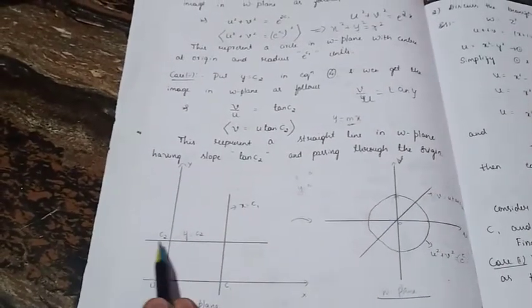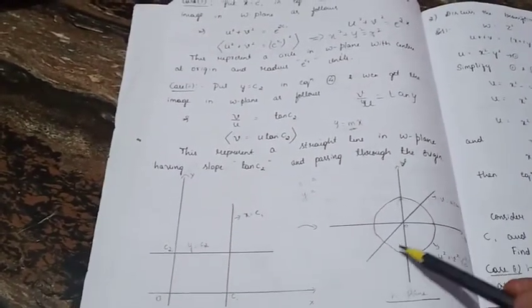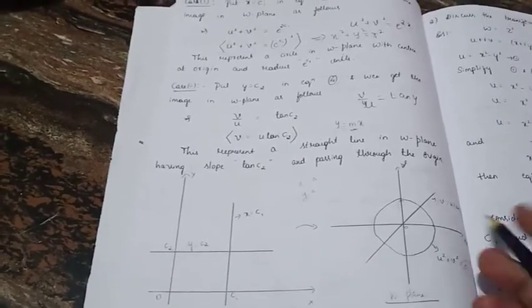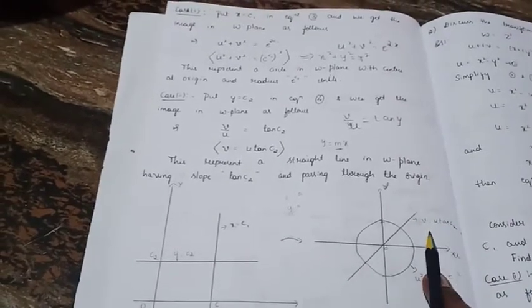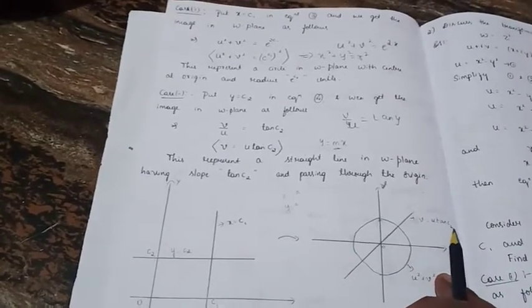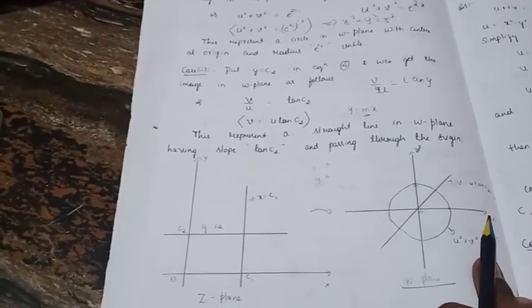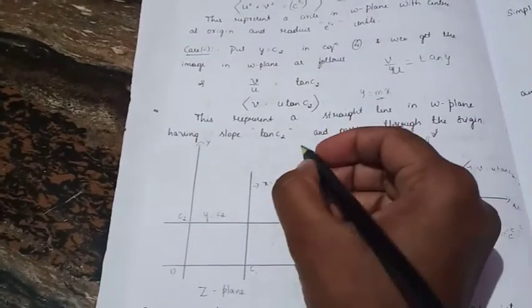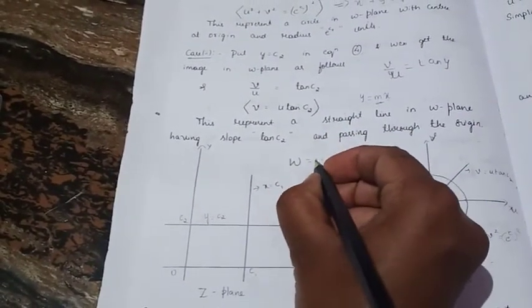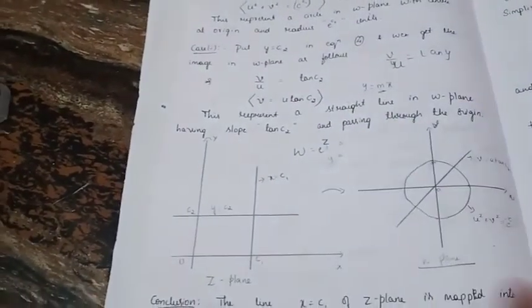And corresponding to y is equal to c2 in the z plane, there is a straight line passing through the origin in the w plane with the equation v is equal to u into tan c2. So this is the transformation of w is equal to e power of z graphically.